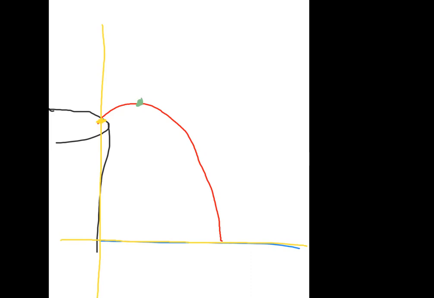How long it took you to get there, that's going to be the x coordinate of your vertex. So same as it was in the last scenario. How long is it going to take you to hit the water? That is still going to be the x-intercept. So you replace y with 0 and solve your quadratic.